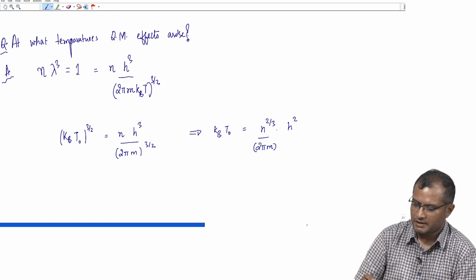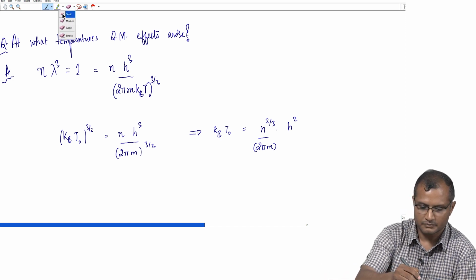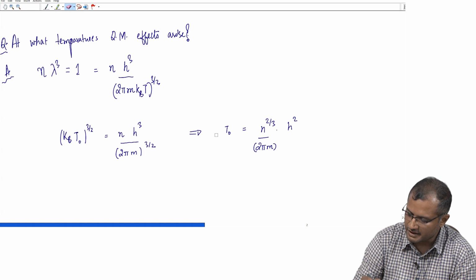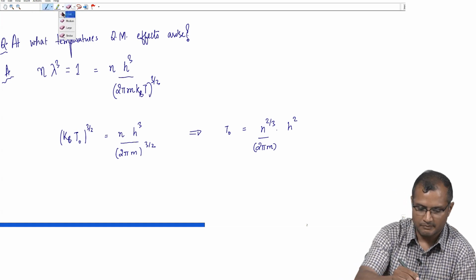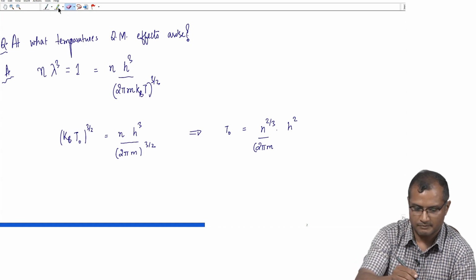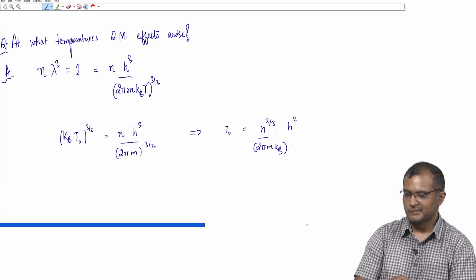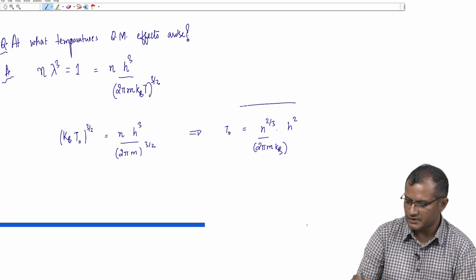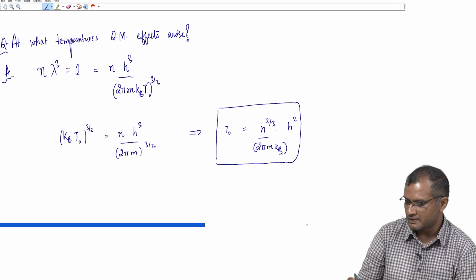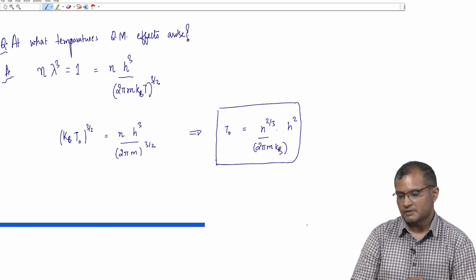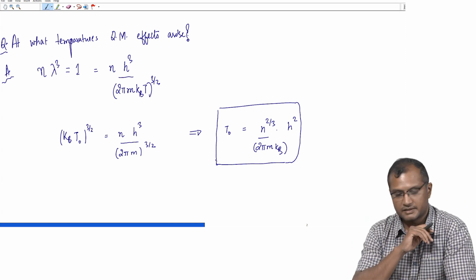And naturally you can divide it by kB on both sides. So, this is basically the temperature that corresponds to your n lambda cube equal to 1. So, this is the temperature at which quantum mechanics will begin to take effect.